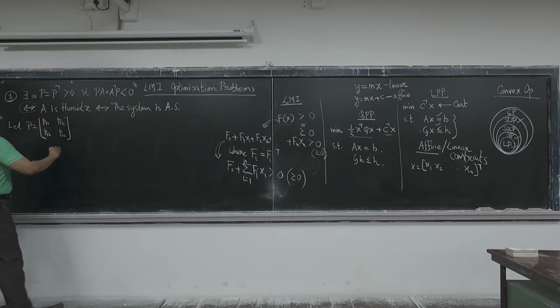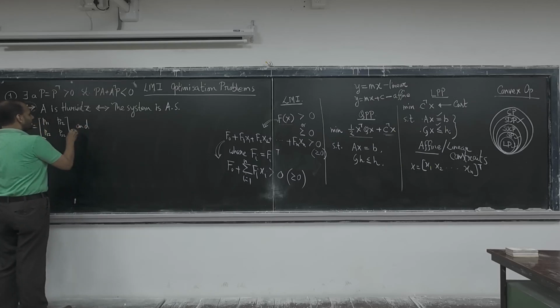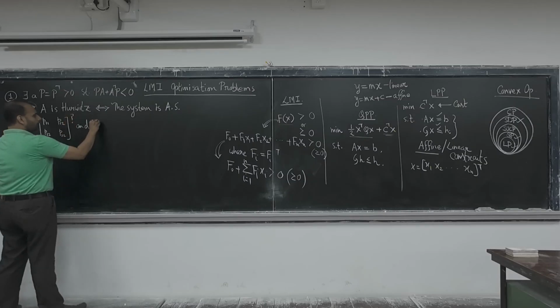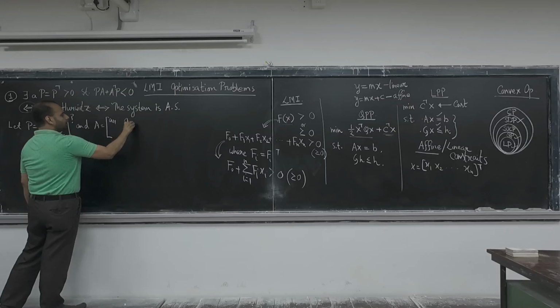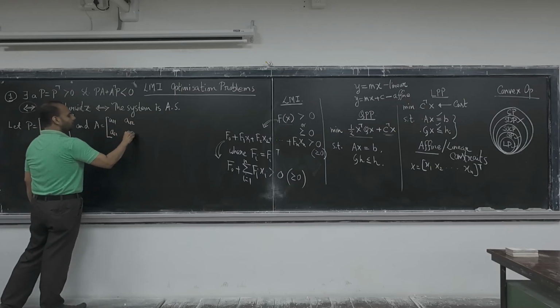Suppose P is unknown, so that we have to find, and A is known to us: A11, A12, A21, A22.